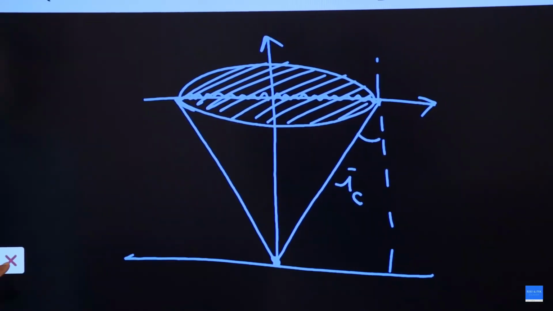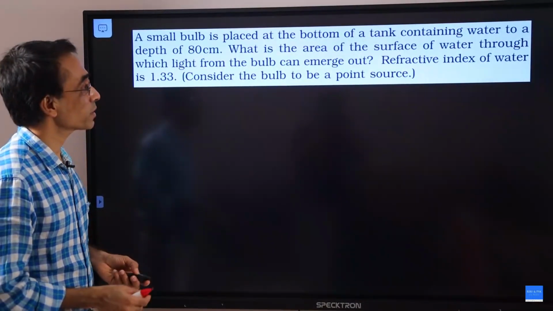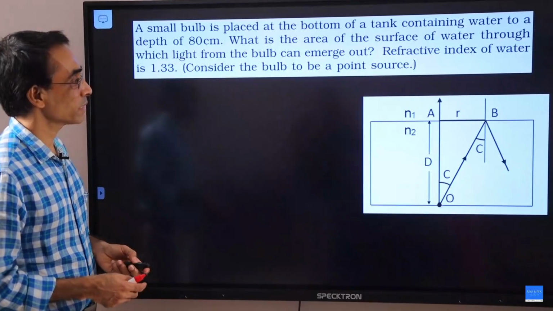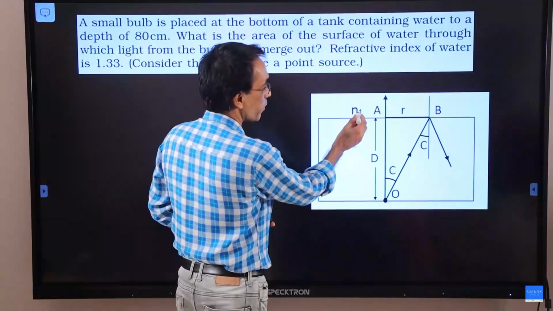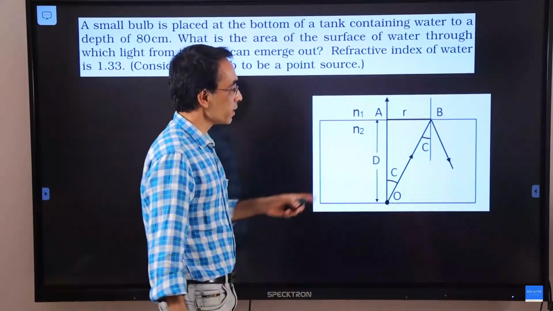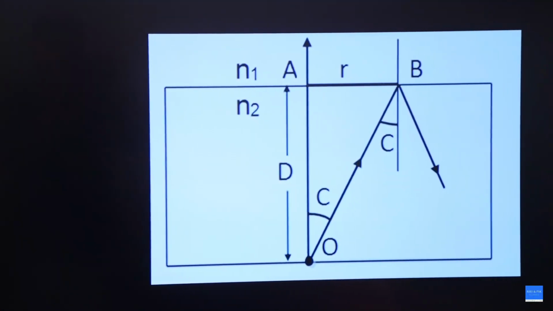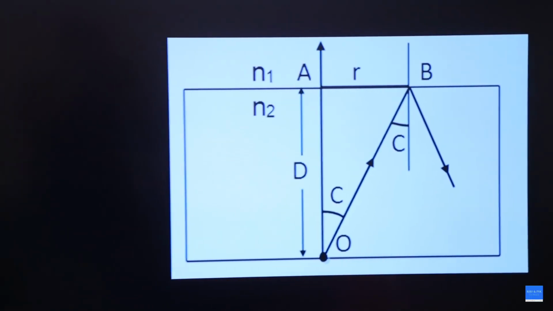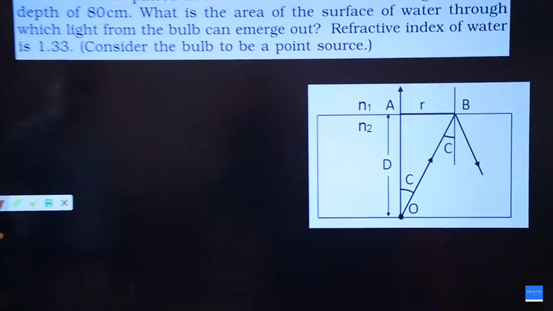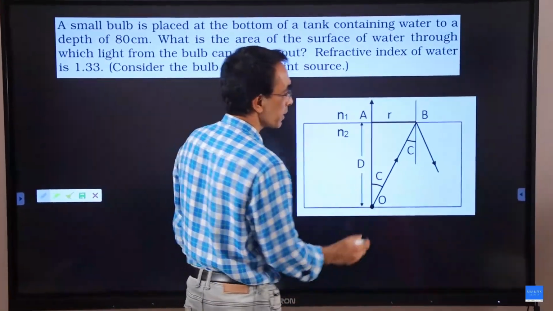Now let us do this geometrically, because ray optics is geometrical optics. This is the diagram. N1 stands for the refractive index of air, N2 stands for the refractive index of the medium, which is given as 1.33 in our problem. You can see in the diagram, the critical angle is marked as C instead of IC, no problem in this.